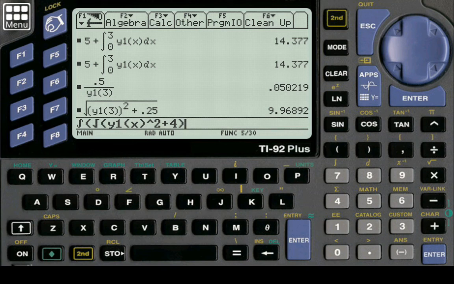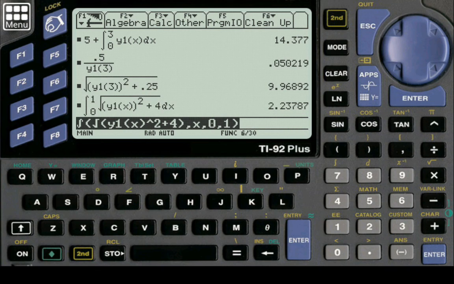And that's what we're integrating with respect to x from 0 to 1. Let's see, enter. It's 2.23-something, right?